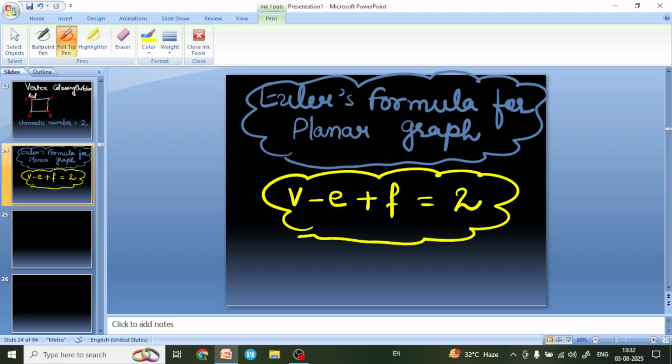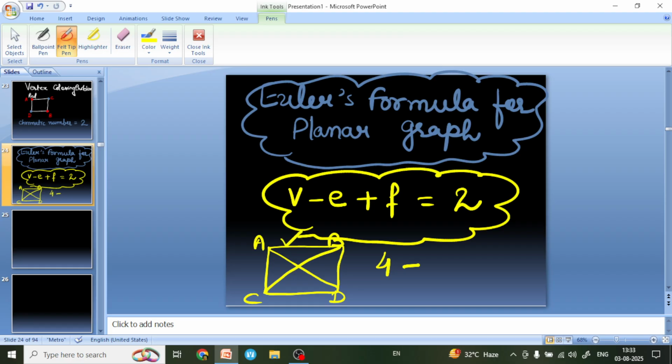We can take one example for solving this equation. This is the formula. We have been given this graph. A, B, C, D. Now count how many vertices? 4.